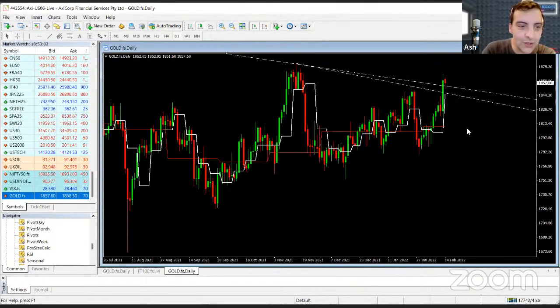And if you do have a system that looks spot on for getting your entries, just consider that it's probably going to be riskier than normal, so the obvious thing to do is halve your risk.